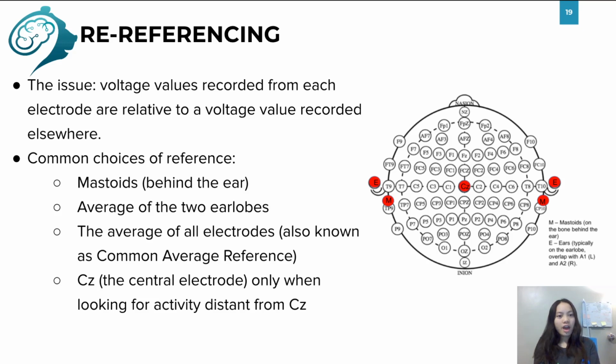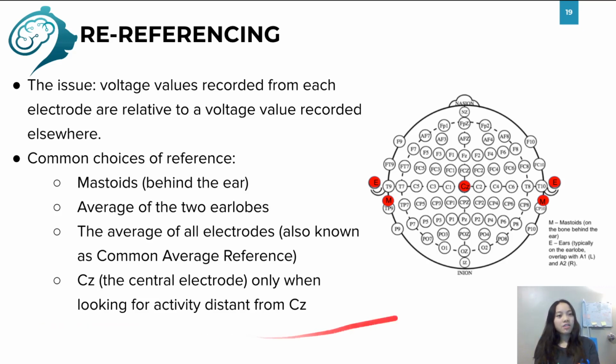The average of the two earlobes is also commonly used for similar reasons as the mastoids. Another common choice of reference is the average of all electrodes, also known as the common average reference, which reduces the impact that any single malfunctioning electrode will have on the results. Using this only makes sense with systems that have enough channels so that the overall activity averages to 0, and it's not recommended if you have fewer than 32 channels.